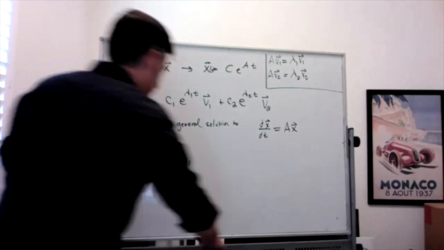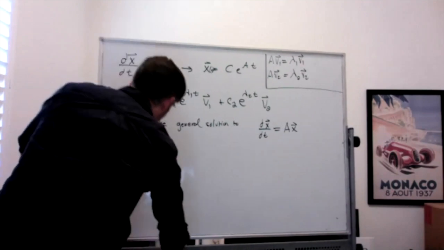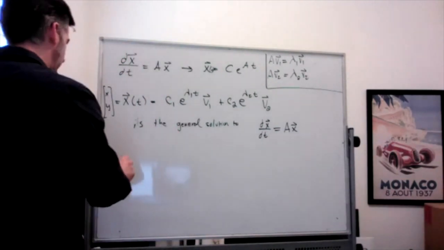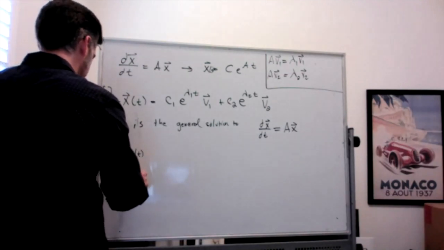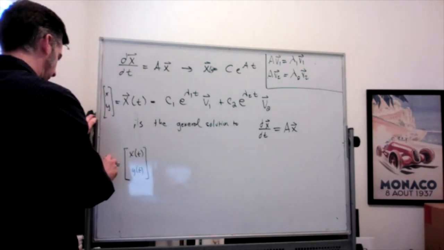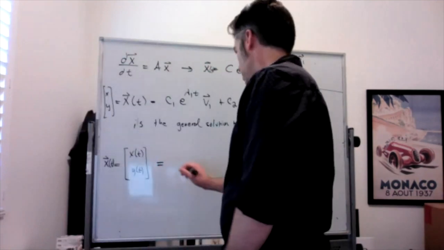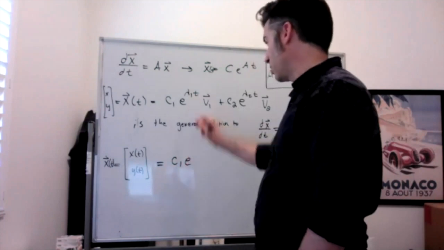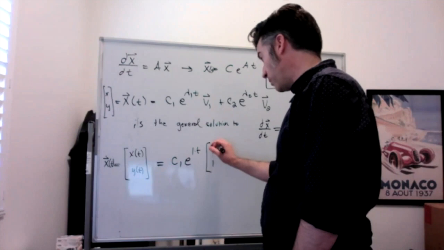So let's actually use our example. What we had before is that x of t, y of t, which is what we're calling the vector x of t, is going to equal c1, which we don't know, e to the lambda 1, which was 1, times t, times v1, which was 1, 1.